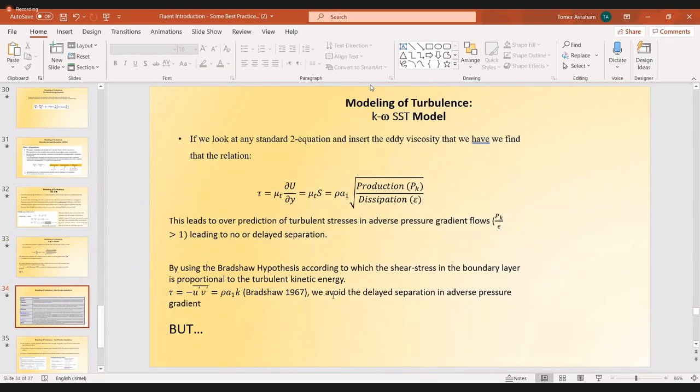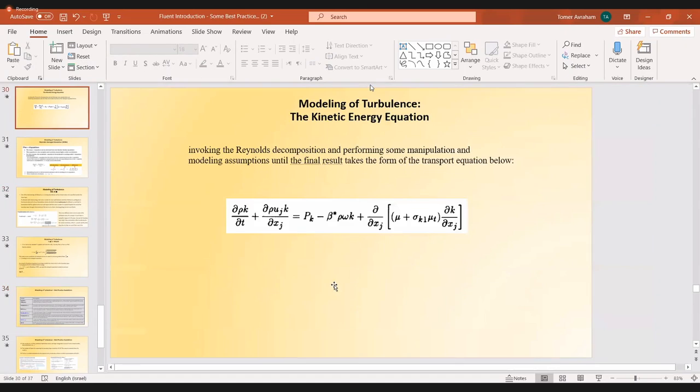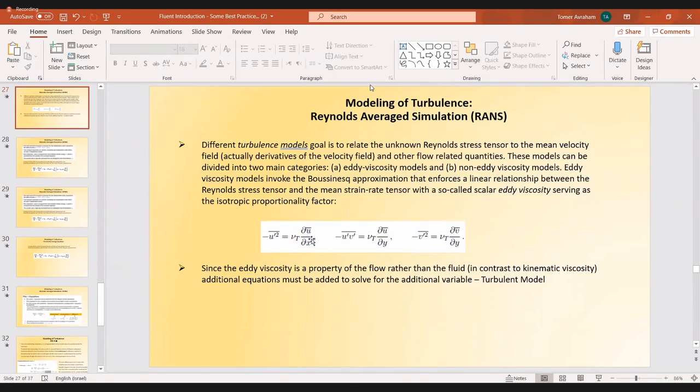The advantage it has is that we get a connection between the shear stress. It's exactly like when you calculate the shear stress at the wall. You say tau equals minus mu t times du dy, right?